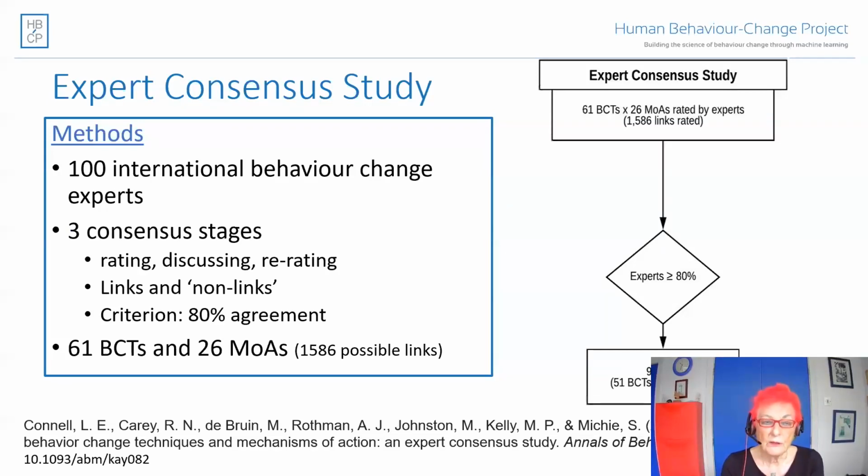Here, there were only 61 BCTs investigated because of the practicalities of involving ratings of so many BCTs and 26 mechanisms of action. Of this possible 1,586 possible links, the experts rated agreement with criterion for a total of 90 links involving 51 BCTs and 20 mechanisms of action.